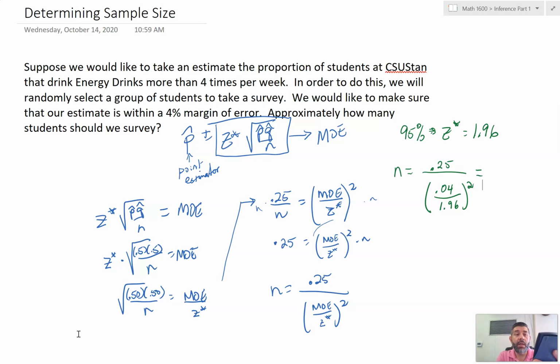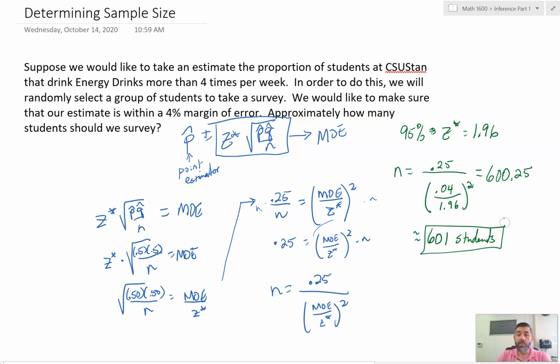And I get 600.25. So I'm going to round up to 601 students. All right, so I'm going to need 601 students to make sure that my estimate has a margin of error of at most 4%.